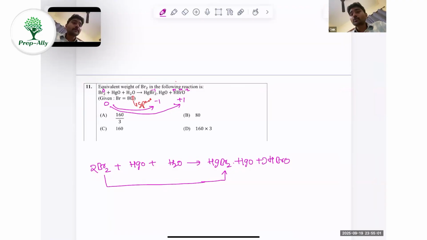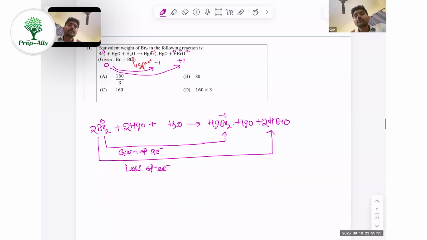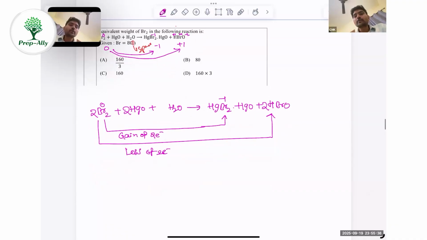So if I keep 2HBr, H2O, 2HgO, now the equation is balanced. Here there is a gain of 2 electrons. Why? Because each bromine is in 0 oxidation state, and here we got -1, so 2 into -1 is -2. So bromine is gaining 2 electrons. Here there is a loss of 2 electrons, a gain of 2 electrons and a loss of 2 electrons.